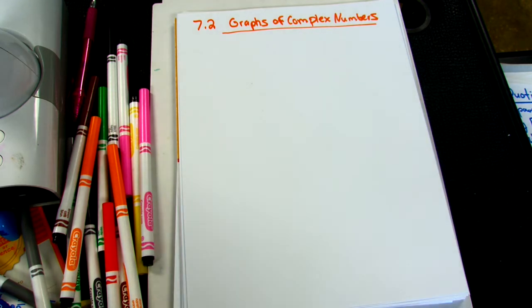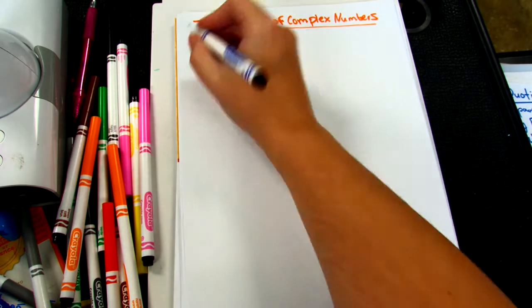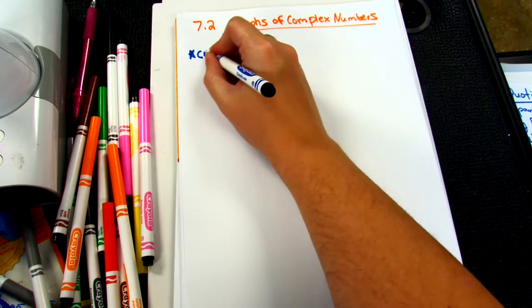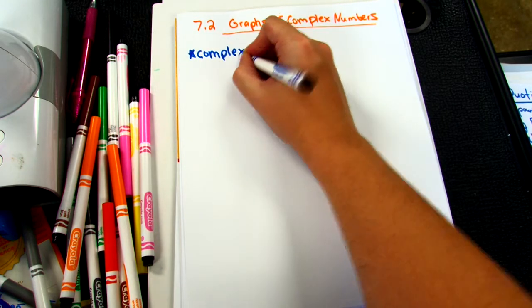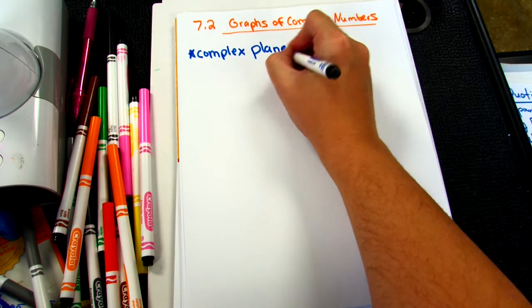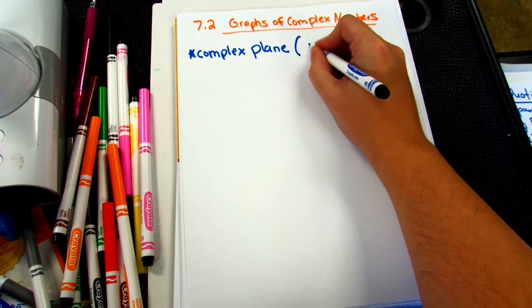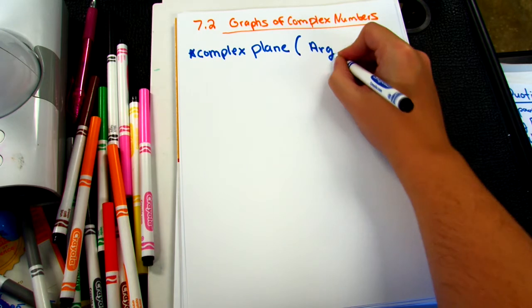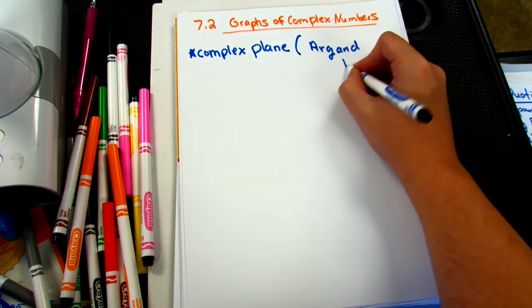So the complex plane has a name, okay? The complex plane is called the Argand diagram.